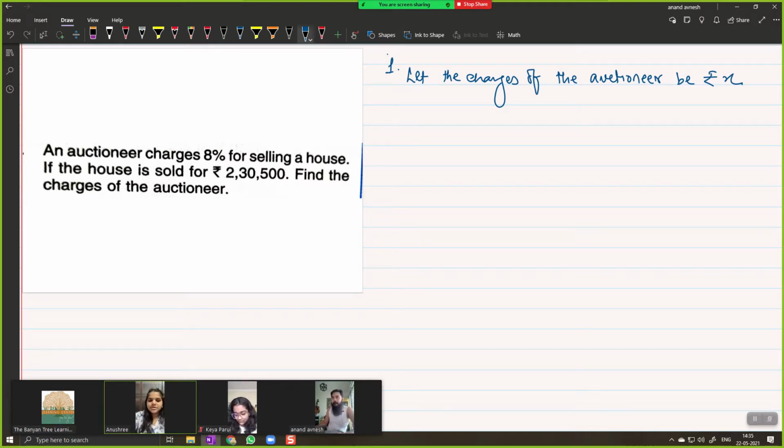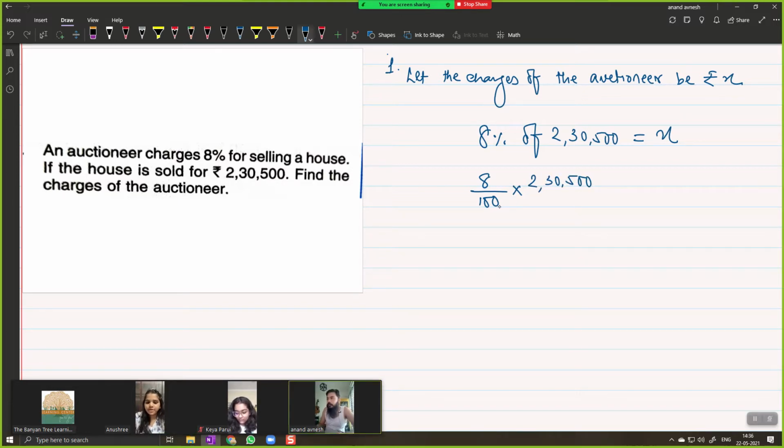So then we'll do 8% of 2,30,500 is equal to X, right? Correct. So now it's 8 by 100 into 2,30,500 is equal to X.